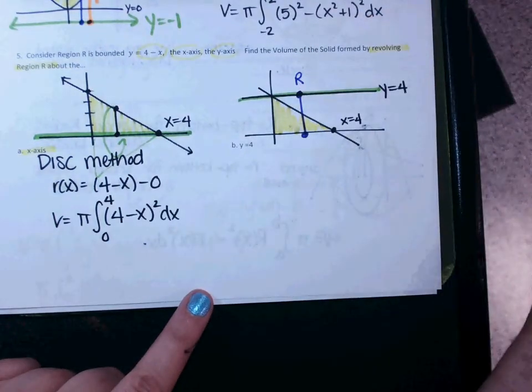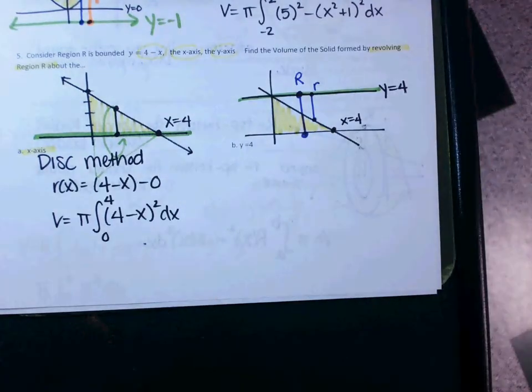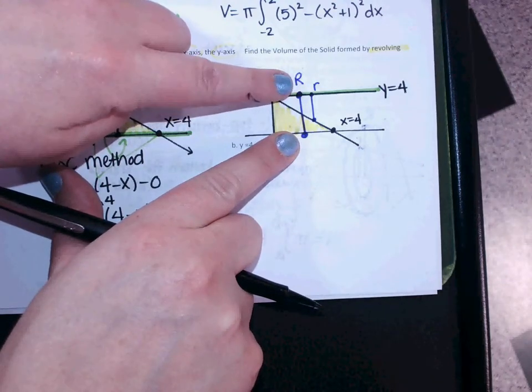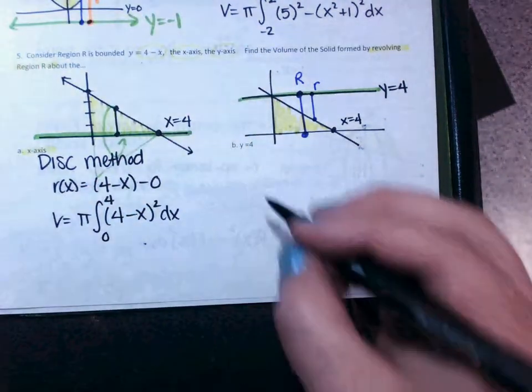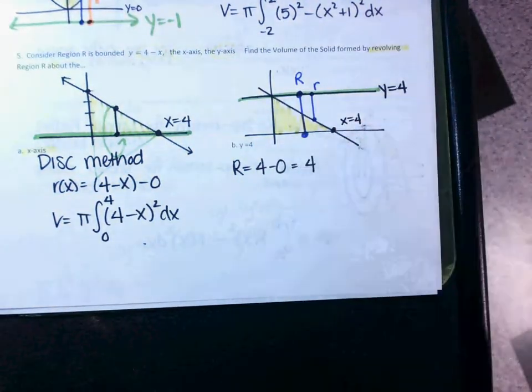And then your little r should go from here to here. Did you get it? Now write top minus bottom for both of those. So capital R is here. What's on top? 4. What's on bottom? So capital R is 4 minus 0, which is really just 4.